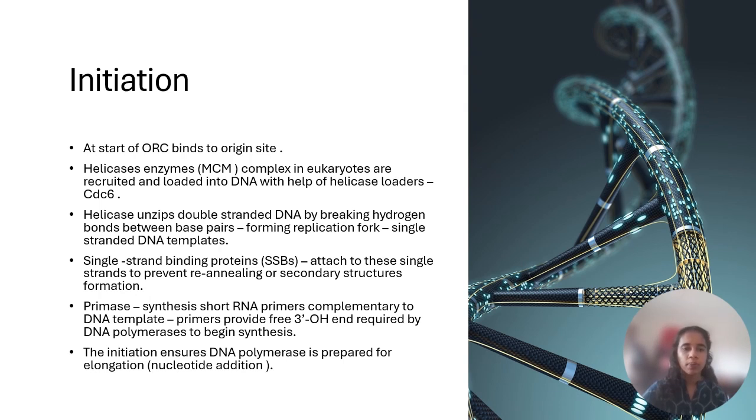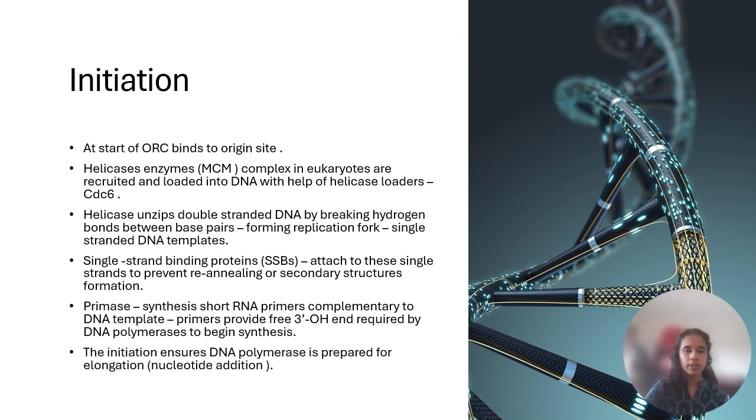Then you have topoisomerases, which are DNA gyrases, which help in resolving the supercoiling that forms ahead of the helicase unwinding of the DNA. And then you have primase, which synthesizes short RNA primers, providing the 3' OH end, a start for the DNA polymerase to start adding the nucleotides.